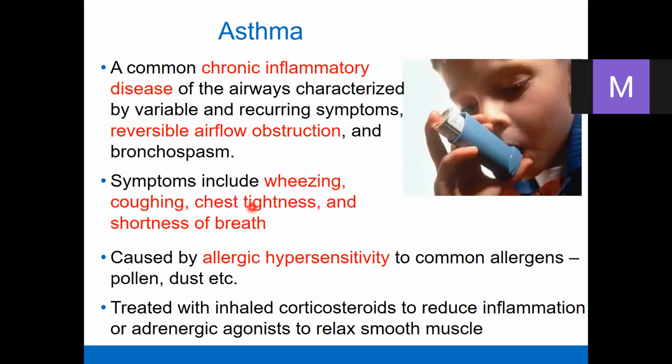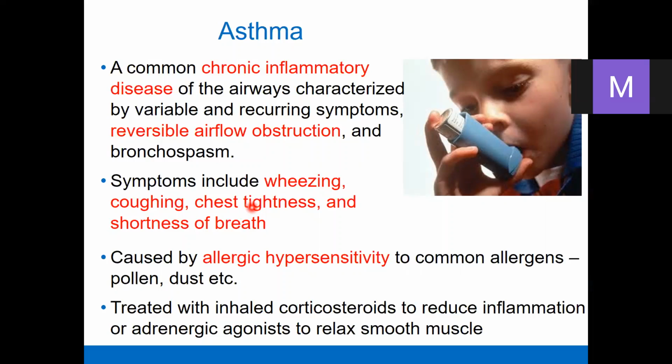Asthma is a common chronic inflammatory disease of the airways characterized by variable and recurring symptoms, reversible airflow obstruction, and bronchospasm. Wheezing, coughing, chest tightness, and shortness of breath are some important symptoms of asthma.